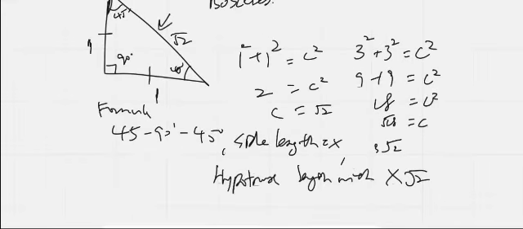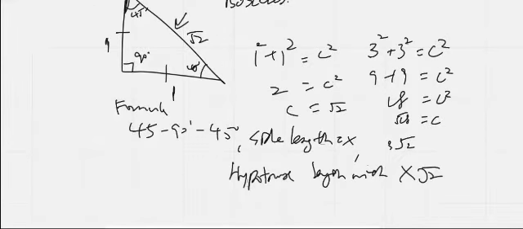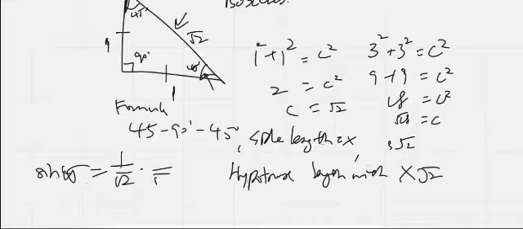And if I want to use sine on this triangle, what will it be? Let's say I want to use it on this 45 degree angle. So sine of this 45 will be O over H, which will be 1 over root 2. And we want to make it rational. So when we multiply it by root 2 over root 2, it will become root 2 over 2.